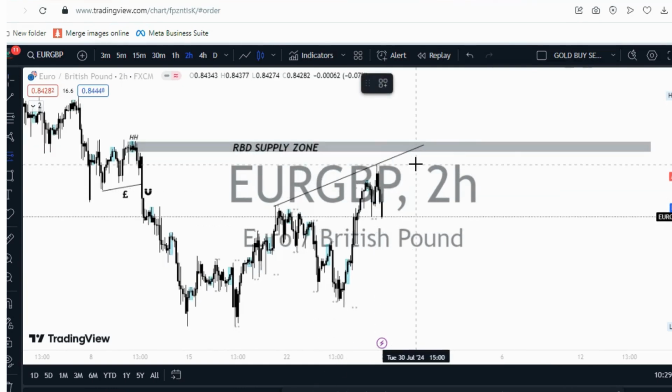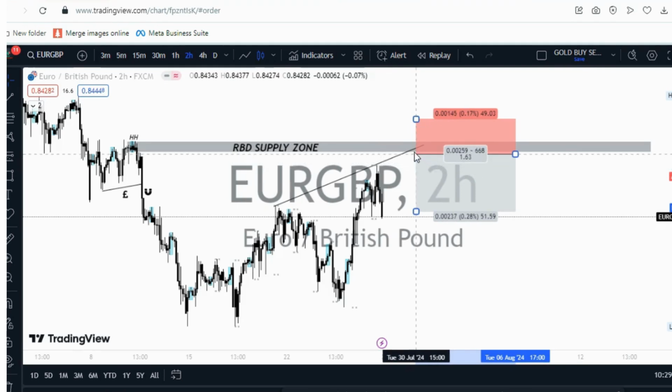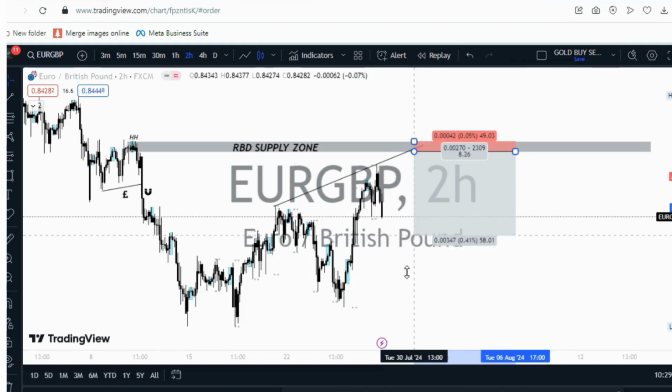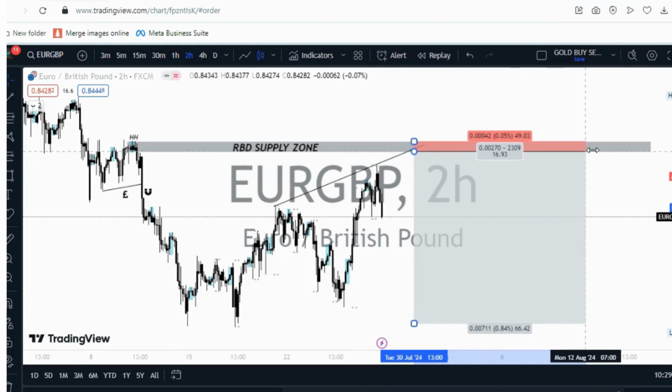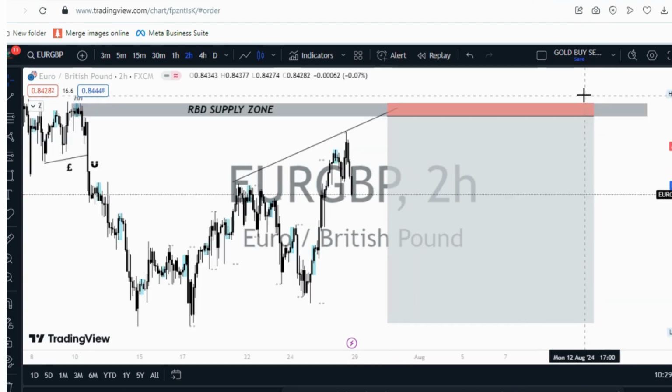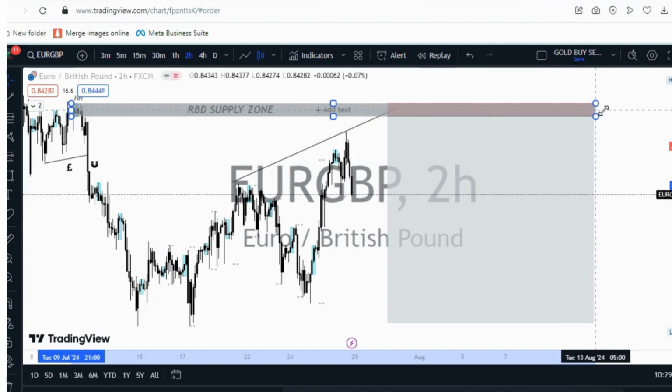So this is what I would do personally. I would wait for the market to come back into this area. See what I mean? The good setups are just going to show themselves to you. They're going to reveal themselves to you with no trouble. So don't chase the market. Let the market come to you.